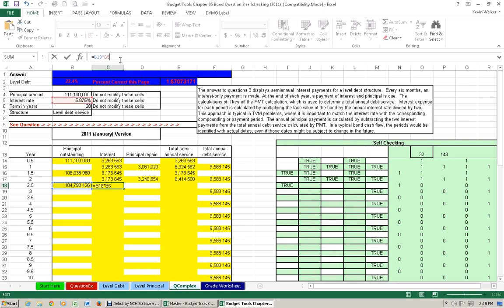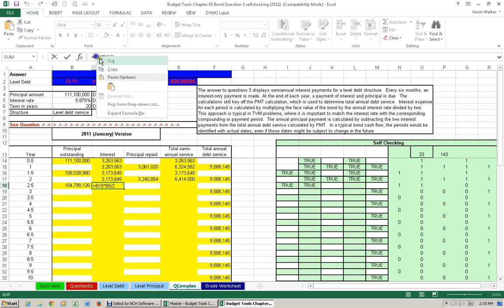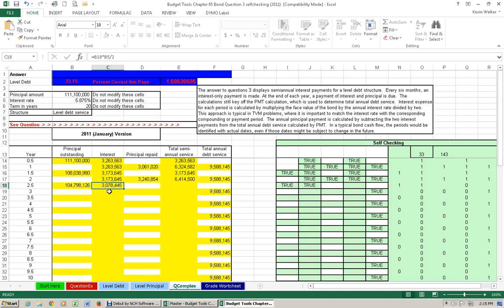It helps if you don't highlight that. Now, since we're going to pay it biannually, equal amounts, we're going to divide it by 2, and there it is. And since this, on the next final payment, is going to be the same amount, we can just copy this to here. All right? Again, it's true.